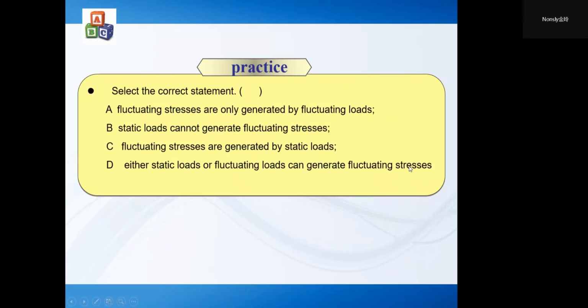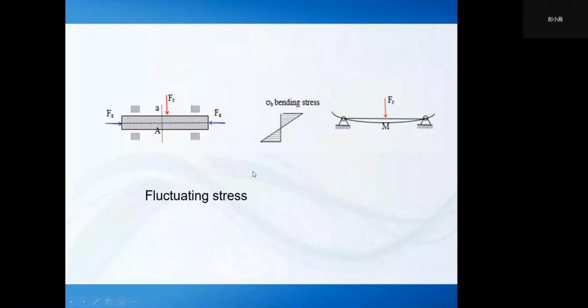So, which one have you chosen? Which one is correct? A? Okay. Fluctuating stresses are only generated by fluctuating loads. Let's see this.